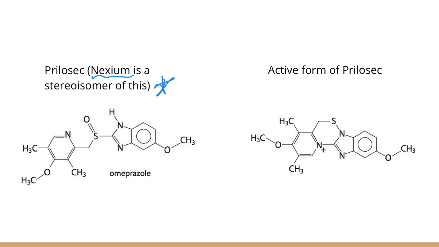You can see on this particular structure that this nitrogen here is unprotonated, but in the active form of Prilosec, the nitrogen here is now protonated, and it's joined to create this ring structure. There's some other chemistry going on here to create that ring structure, but it's important to note that this one is unprotonated, and this one is protonated.